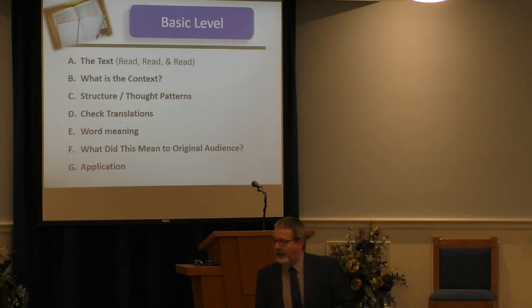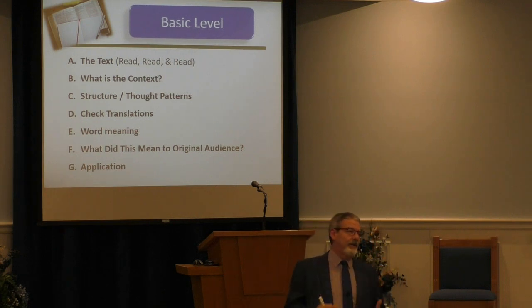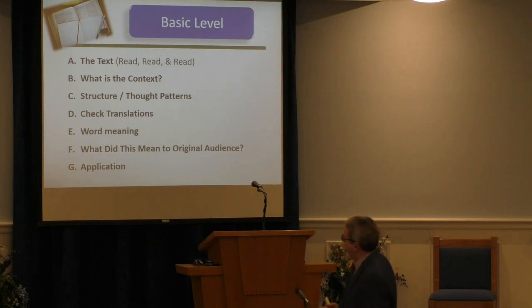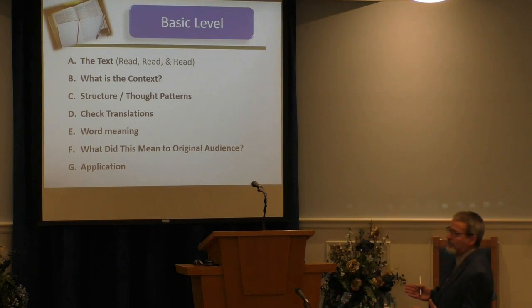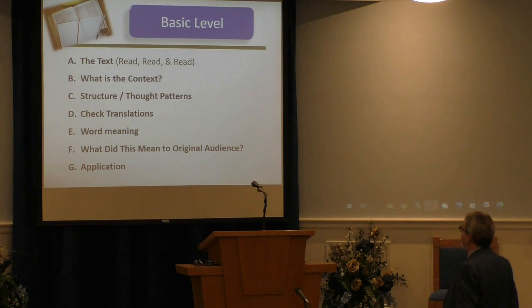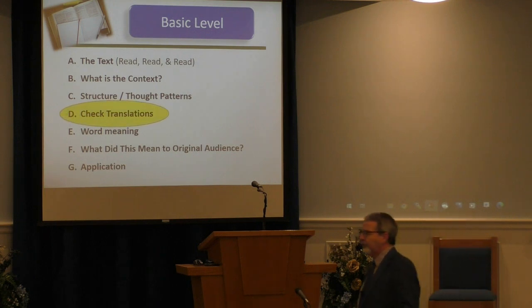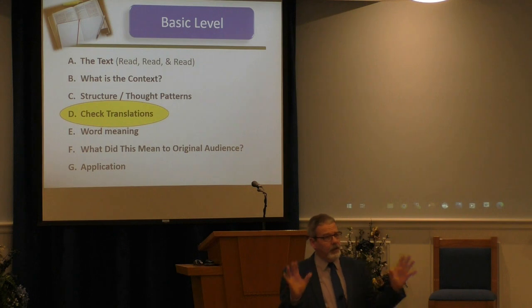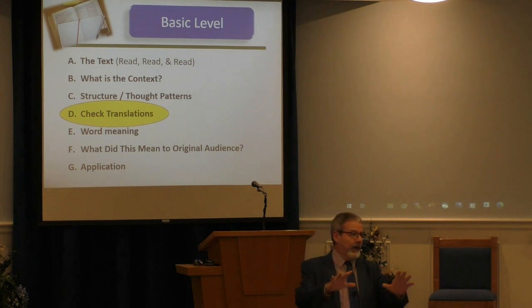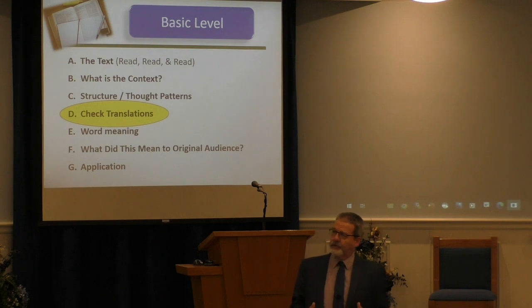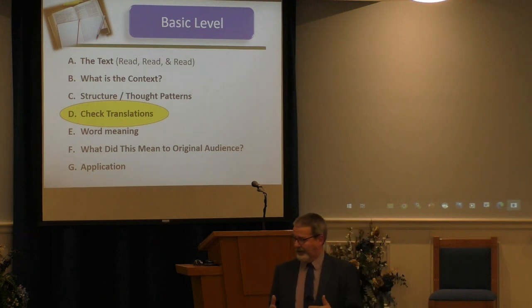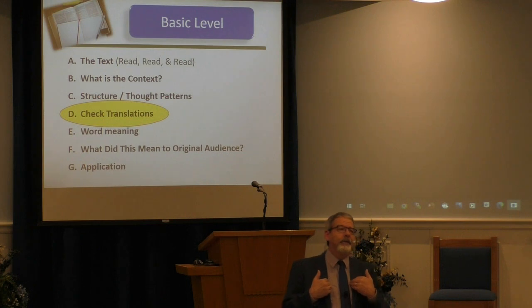This is what I call the basic level. When I'm studying a text, I always start at the basic level, which involves reading the text, rereading the text, and rereading the text, and then taking the context, looking for structure, that is some thought patterns, to get me a basic structural outline. But one of the first things I'm going to do, whether I'm studying a single verse or the whole chapter, whether I'm preparing for a class or someone has asked me a question about a verse, is check translations, particularly on phrases that I don't think are clearly understood, either by me or by the student who's going to be listening.